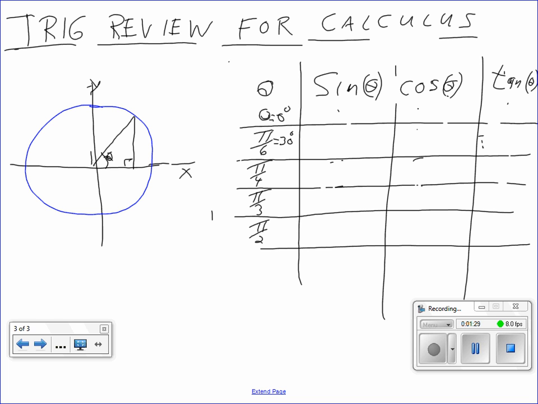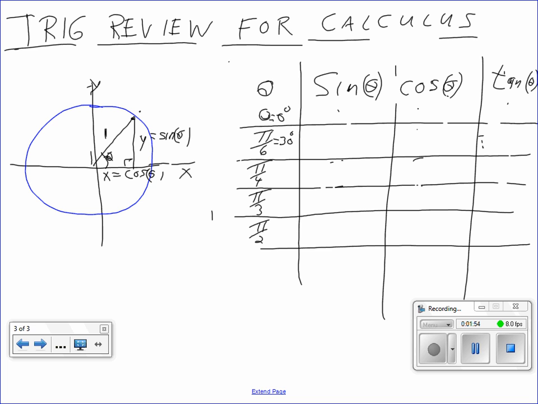Notice this is a unit circle, meaning the radius is 1. The y side of the triangle is the sine of theta. The x distance is equal to the cosine of theta.